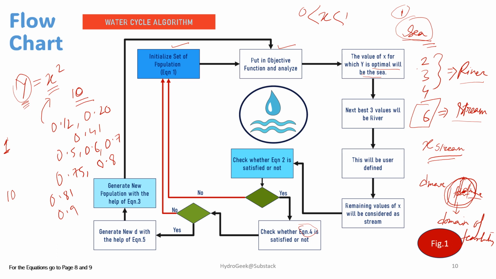Because after precipitation, it creates streams. Now all the streams merge into rivers, and all the rivers merge into the sea. And please note it down, C is the best value of y, that means a value of x for which y is optimal, followed by the values of x in river, then followed by the values of x in stream, in the order of optimality.